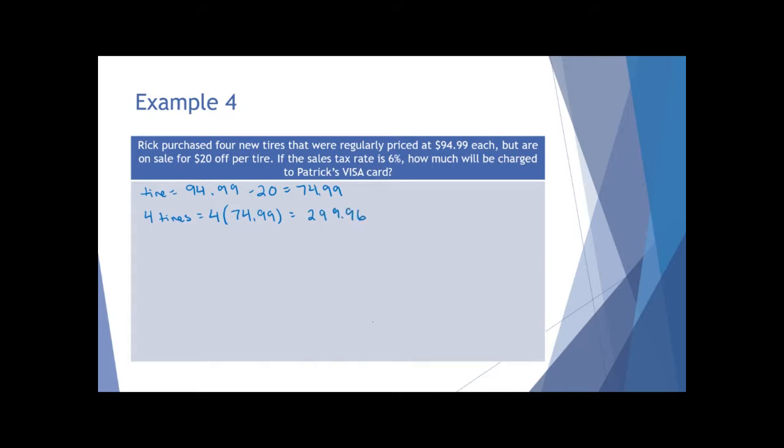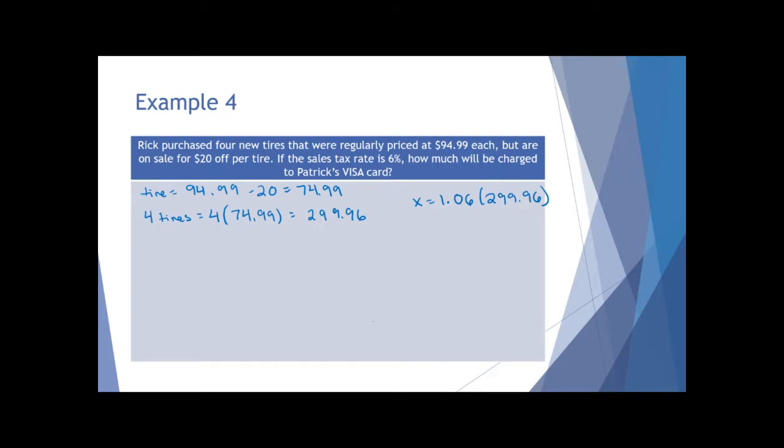So now we're adding 6% tax to that total price. So I'm going to set this up with the proportion method, but if you want to do it without the proportion method, you just need to multiply by 1.06 times 299.96. So 6% is 0.06, so you just add a 1 in front and then you can multiply that.